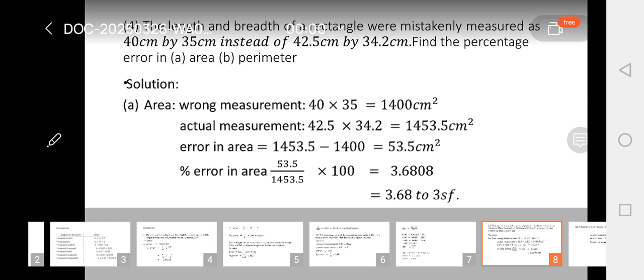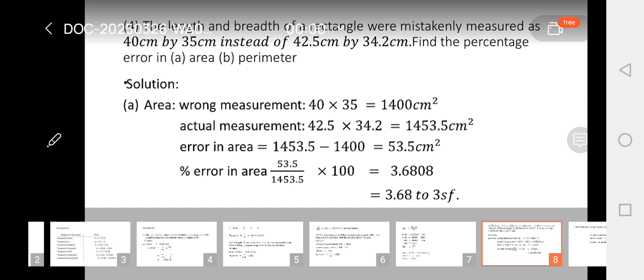First of all, you must know the area of a rectangle and also the formula for calculating the perimeter of a rectangle. So let's look at A now. The wrong measurement in the area, these are the wrong dimensions: 40 times 35 will give you 1400 cm square.